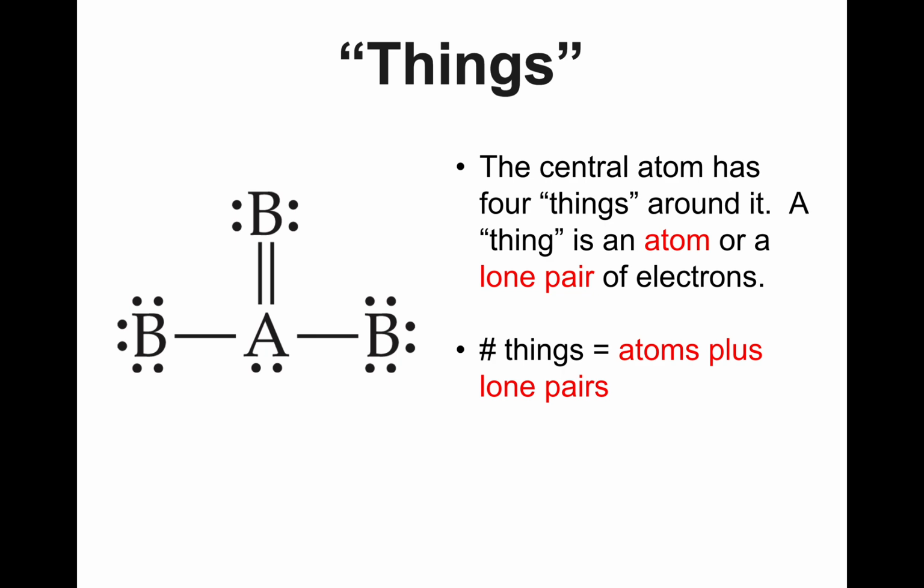So we have three bonds, a bond here, a bond here, and a bond here. So there's three things, and then we have a lone pair of electrons here. That's going to be four things around this central atom. The number of things is going to help us understand the electron geometry.